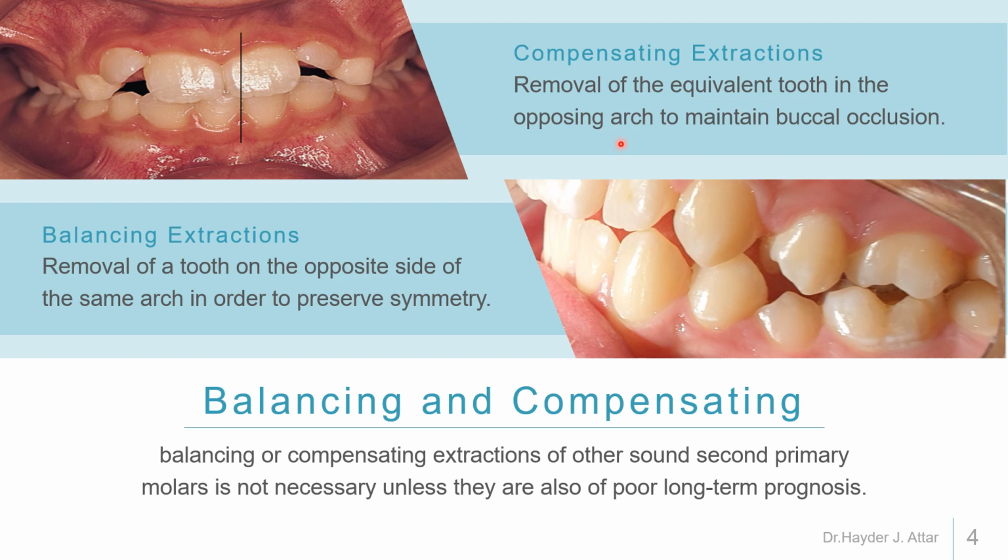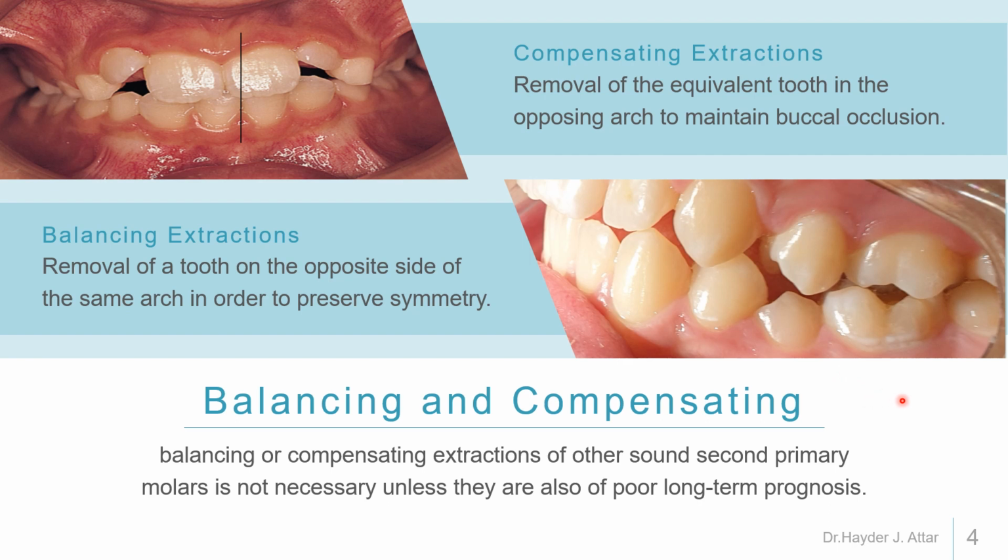That means when you extract the mandibular primary second molar, you have to extract the maxillary primary second molar to maintain the buccal occlusion within the class 1 relationship. Here, extraction only in the mandibular arch causes drifting of the mandibular first molar forward and does not maintain the buccal occlusion.